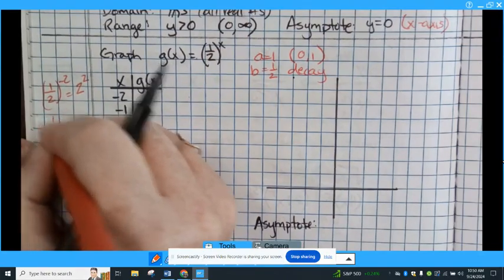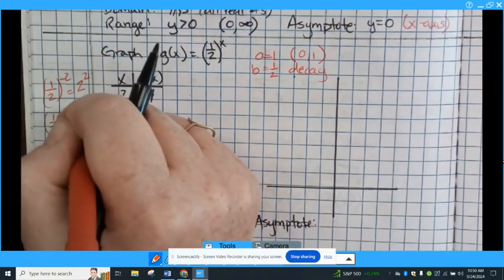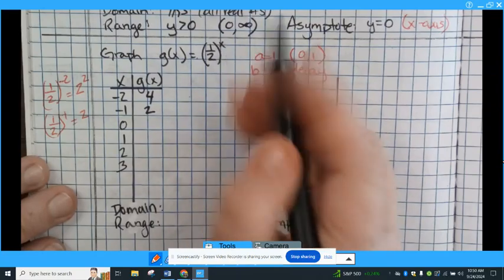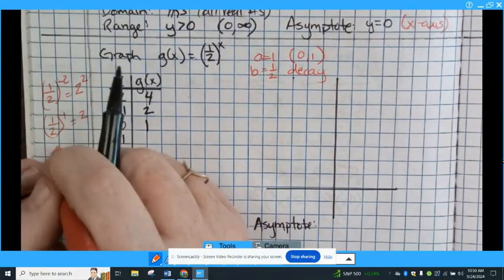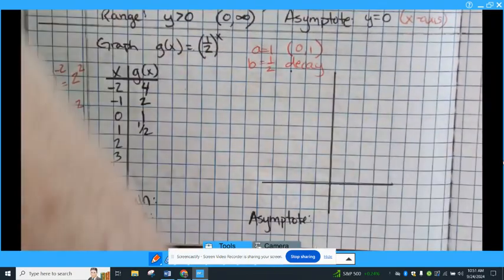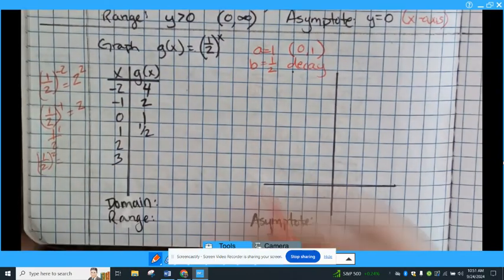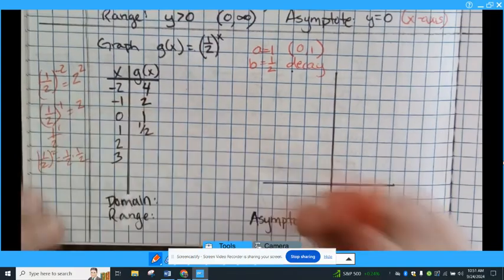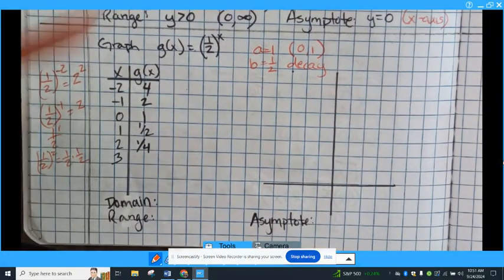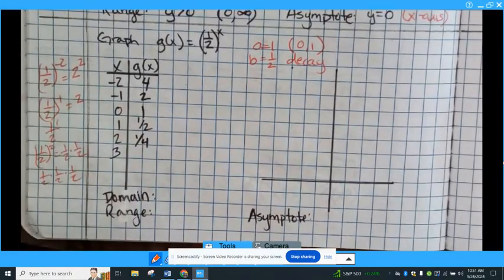1/2 to the -1: because it's negative, we flip it, and it becomes 2 over 1 to the first, which is just 2. Anything to the 0 power is 1. 1/2 to the first is 1/2. 1/2 squared means 1/2 times 1/2, which is 1/4. 1/2 to the third just means 1/2 times 1/2 times 1/2, which is 1 over 8.